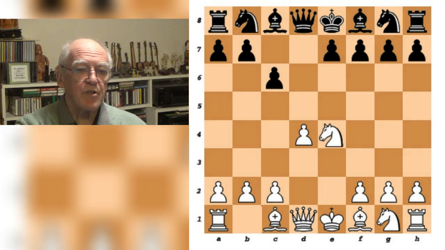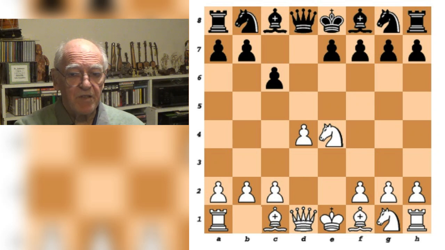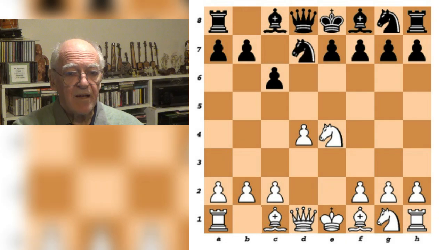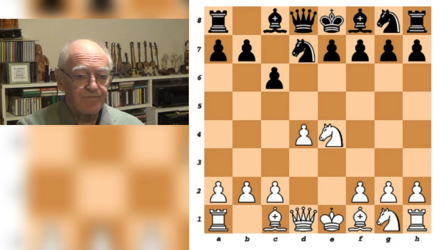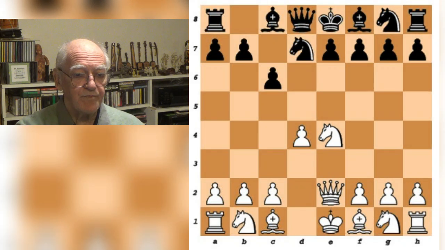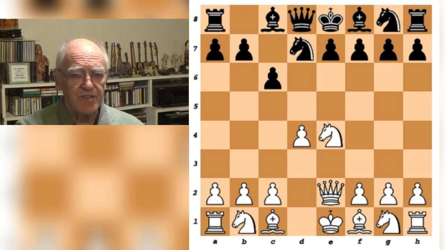Black now wants to develop his knight, but normally you play the knight to c6, but there is a pawn there now, so he plays knight b8 to d7. And white now sees a possible mean trap and plays queen d1 to e2. Black does not see the danger and develops another piece. Now he attacks the white knight on e4 because he does not want white to control the center.